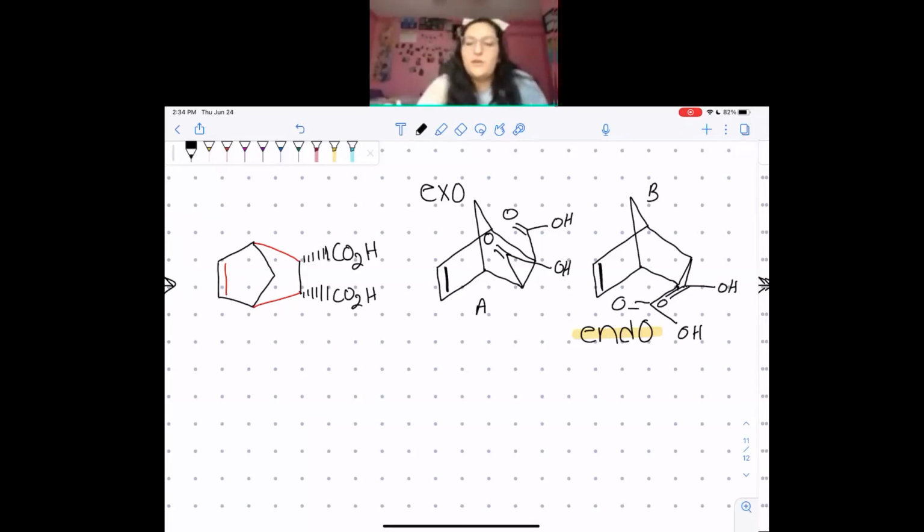And so what I mean by that and why one is more stable than the other is either the two groups are pointing up or they're pointing down. If they're pointing up, they're clanking with the bridgehead. Everything's bumping into each other. They don't like it. Down here, they have more space, and also the double bonds in the carbonyl are going to interact with this double bond, and you get extra stability.